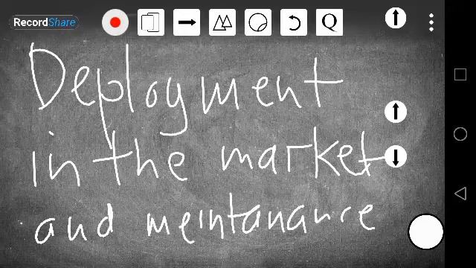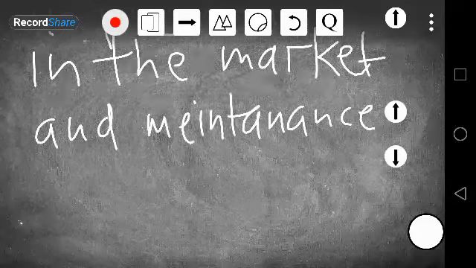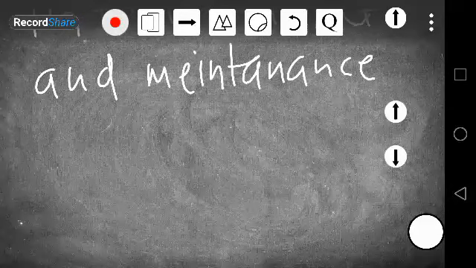All right, so problems found are fixed before the product goes to the actual target market. Basically, all these are the stages involved in the software development life cycle.